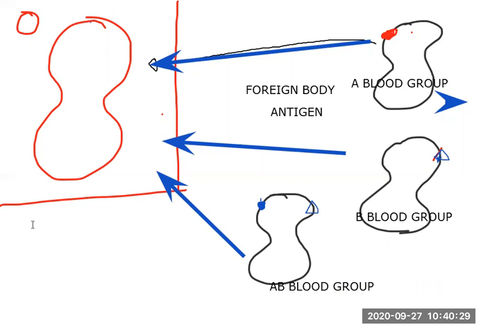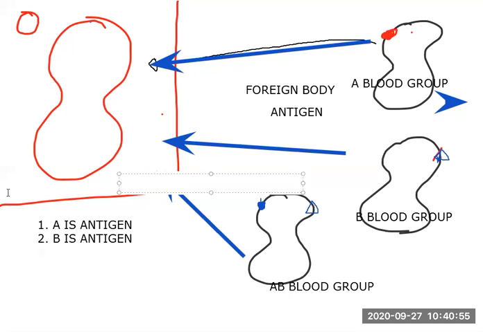So let us write notes for this. Number one, A is antigen for the O blood group person. A blood group contains A sugar polymer. B is antigen. For him, A is antigen, B is antigen. So that's why he will try to produce antibodies against them.